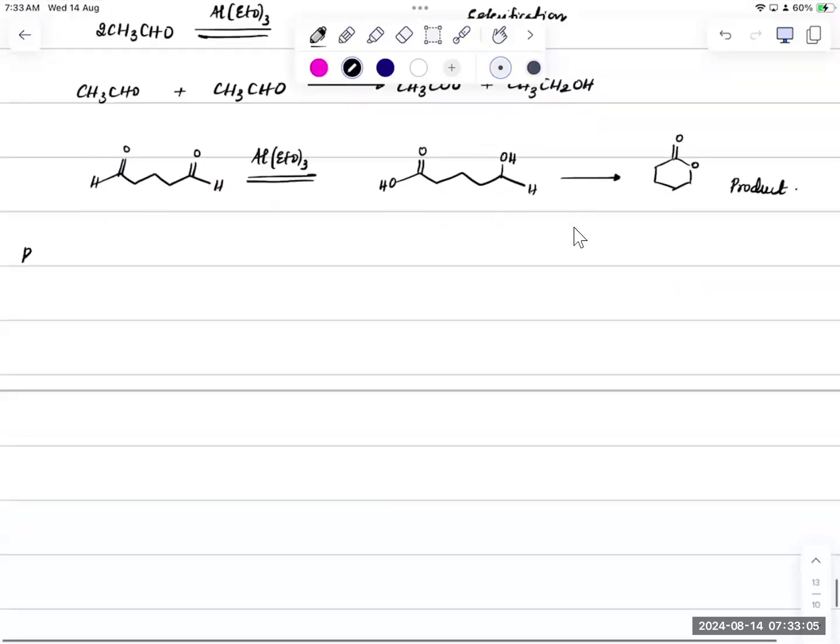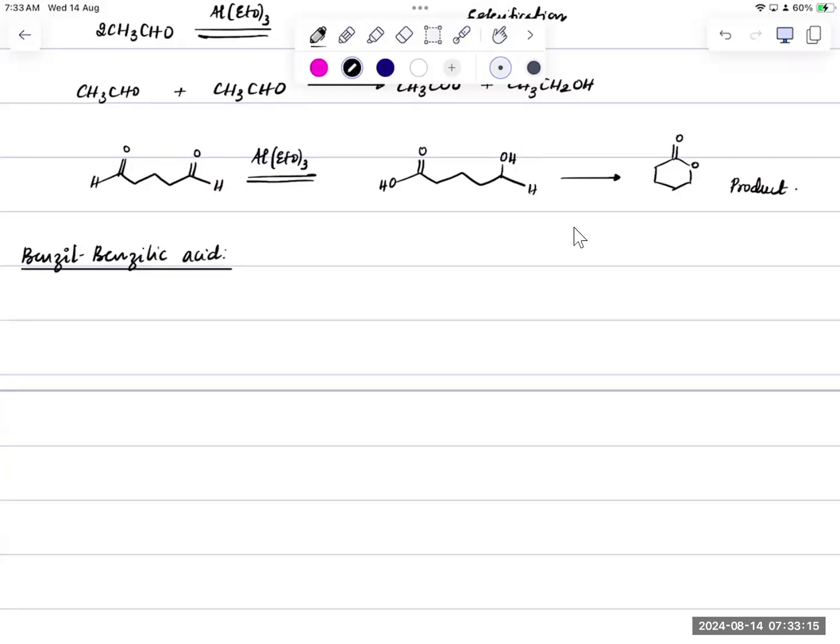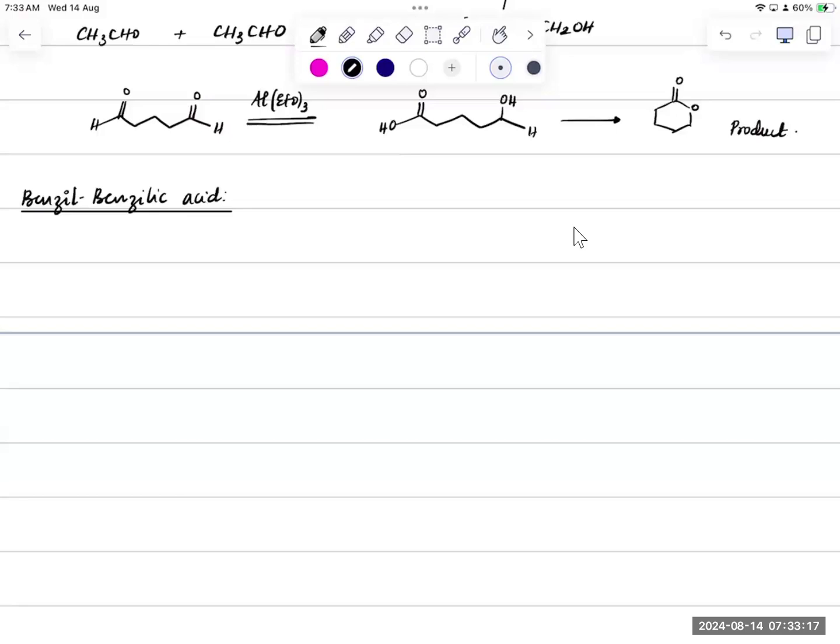Next, the next application is the benzilic acid rearrangement. How does this work? See, Ph C double bond O, C double bond O Ph.